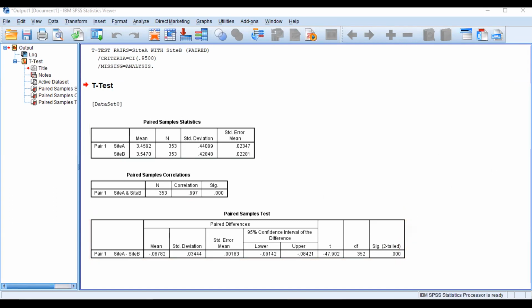So in this context, we have another data set, the t-pair test.